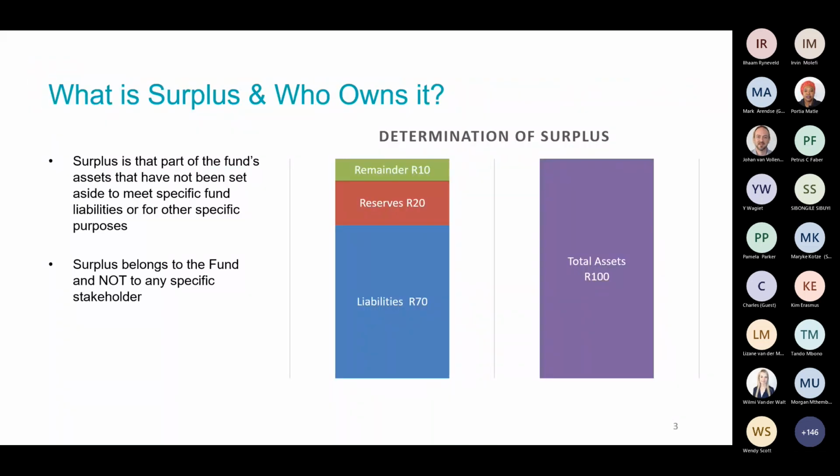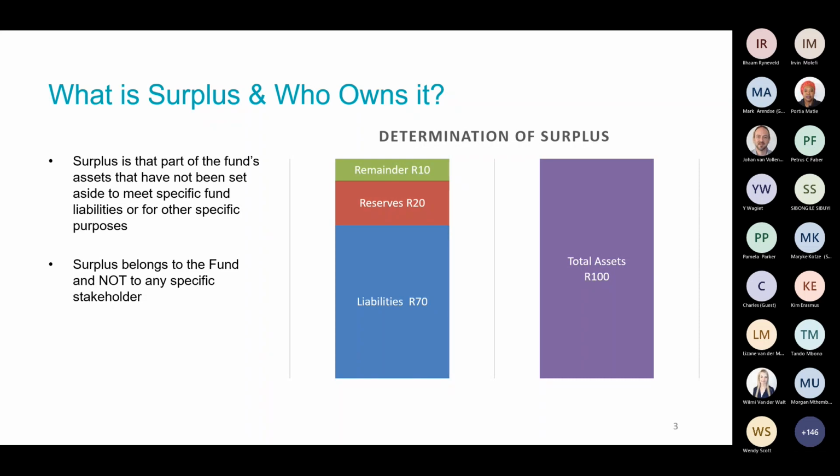Firstly, what is surplus and who owns the surplus? From a graphical representation, whenever a valuator values a fund, they look at the assets compared to the liabilities and reserves that the fund has. The surplus in a fund is the amount of money that is not earmarked for any specific purpose.